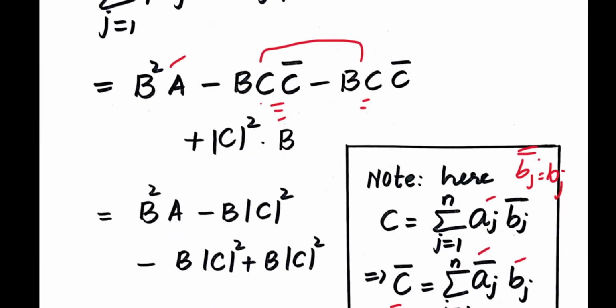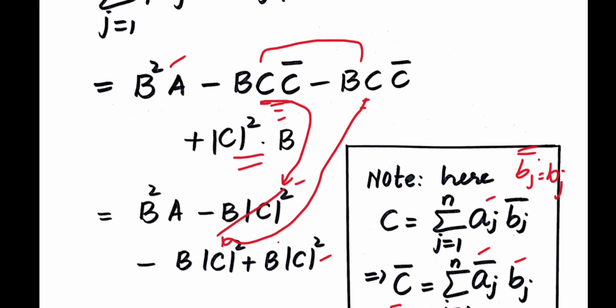Next, as C into C conjugate is equal to square of modulus, so this can be written as minus B into C modulus square, and similarly this is my B times C modulus square.